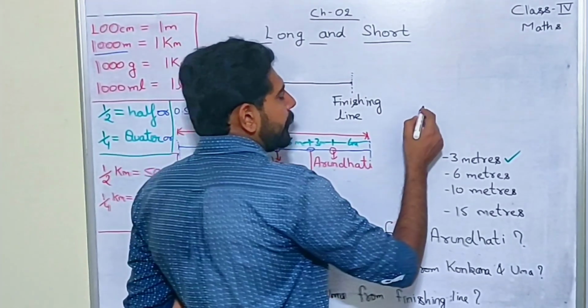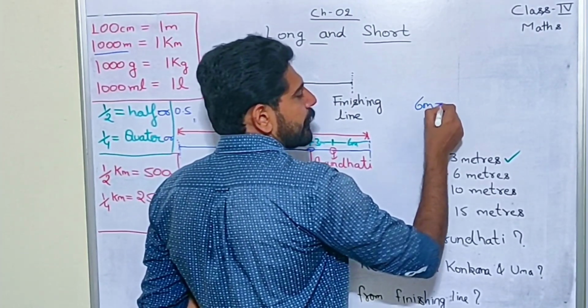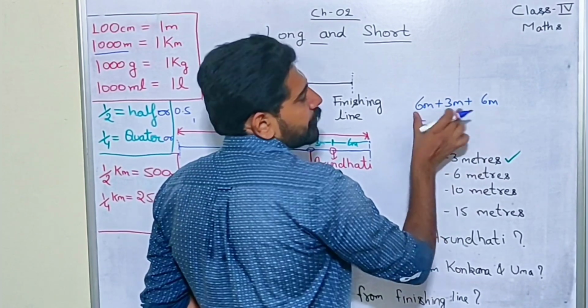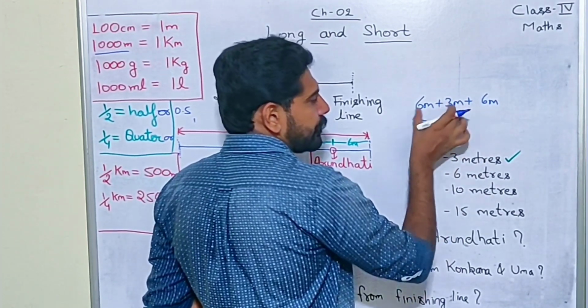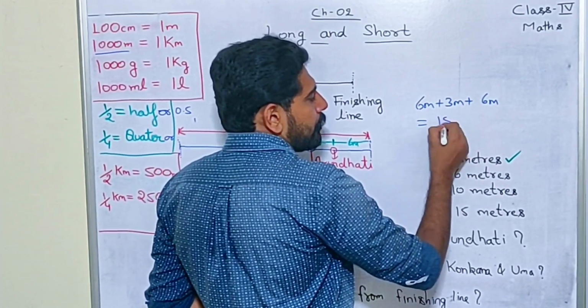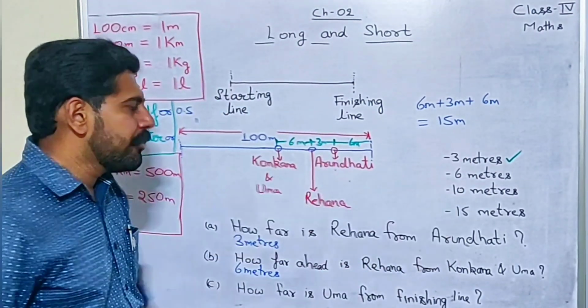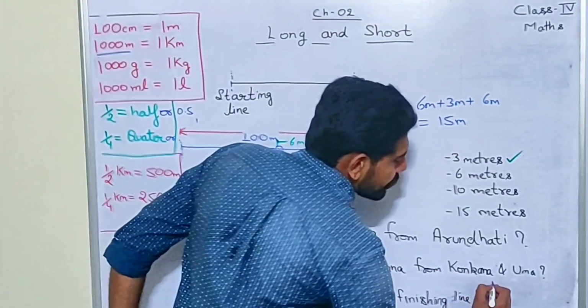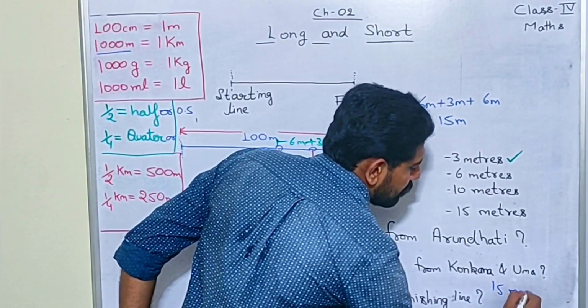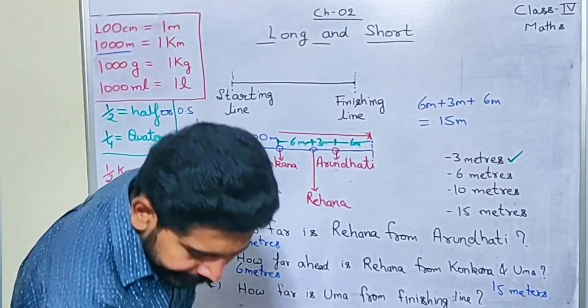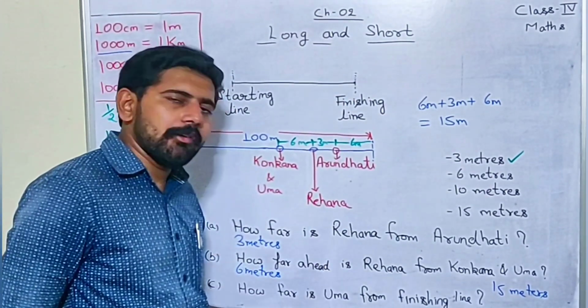Okay, what will that be? 6 meters plus 3 meters plus 6 meters. 6 and 3 are 9, and 6 is 15 meters. What will be our answer? 15 meters. Okay, students, I hope you have got this topic.